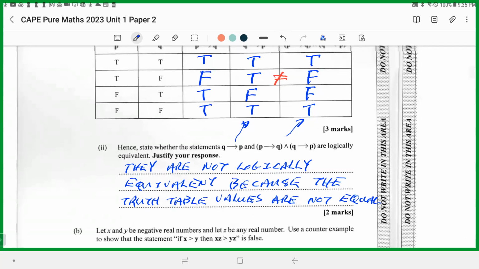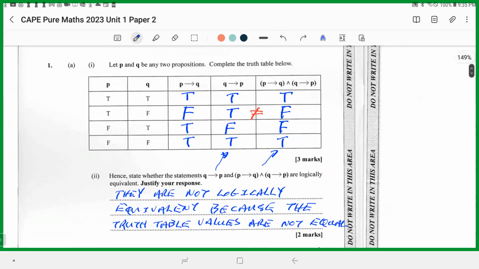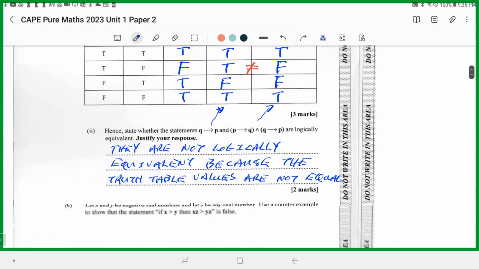That's it. Right? These cause them not to be equal. And that's it. Next one.